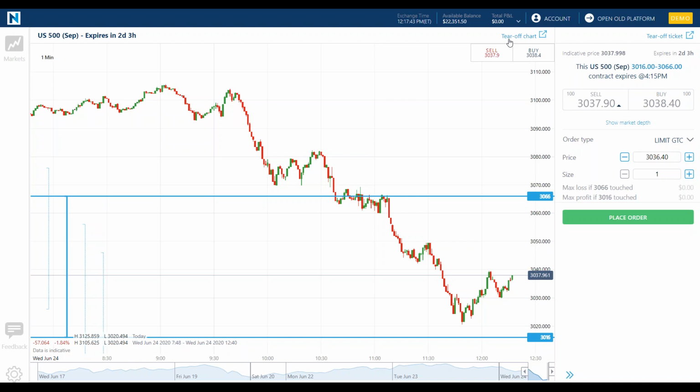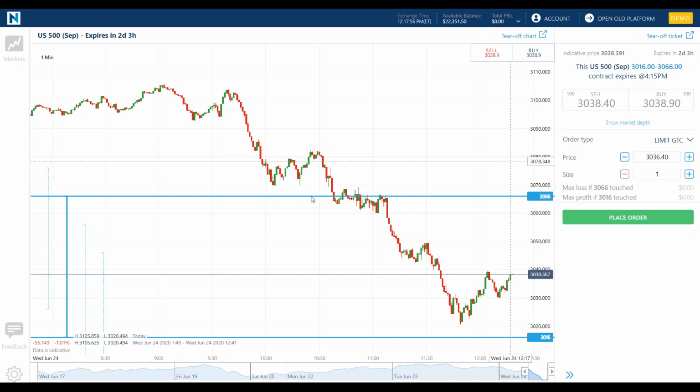You could be watching 3 markets at once and quickly, easily place a trade in any of them. We do have tear off charts and tear off order tickets. Some cool functionality that people have been asking for, one of the cool things that we finally got into the new platform.